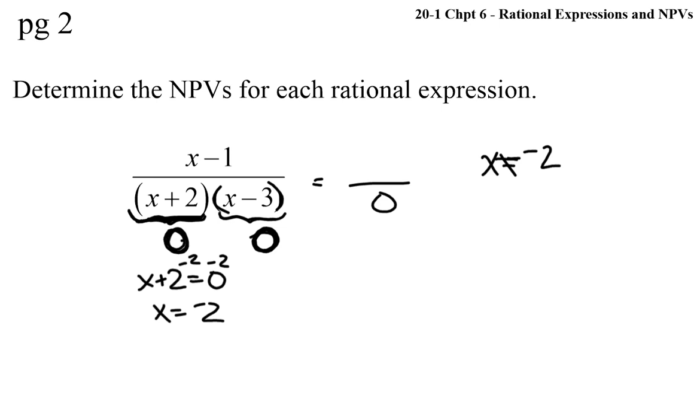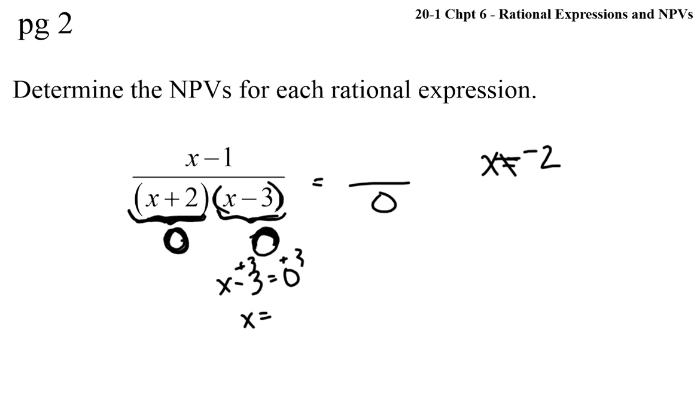But the same is true for this second factor of x minus 3. What would make x minus 3 equal to 0? Well, solve for x. If x equaled 3, 3 minus 3 would be 0, and something times 0 gives us 0.